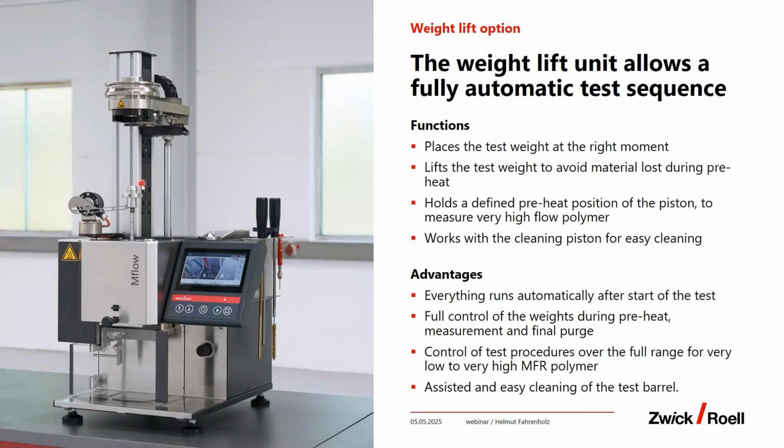There's also an option to hold the weight in a certain position, and there's also an option here to clamp the piston so that you have a completely unloaded piston during preheat time. This is something you may use when measuring high MFR values.